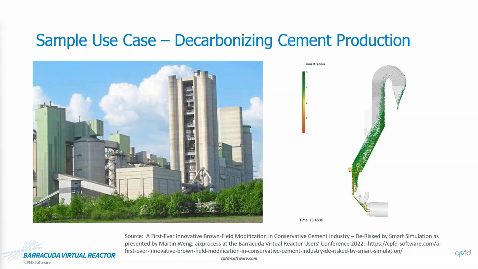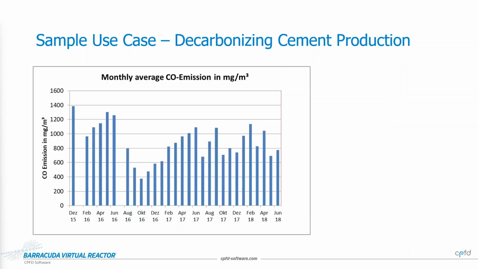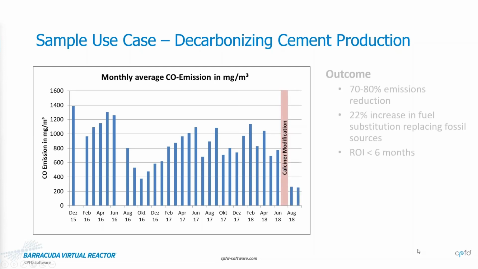So they studied using the software what was happening, tested various alternatives, came up with a novel retrofit that has never been implemented before. They went ahead and implemented it, and they wanted to see, is this successful? So here what I'm showing is the monthly average CO emissions over a multi-year period. They made the modification, implemented it, and a couple things happened simultaneously.